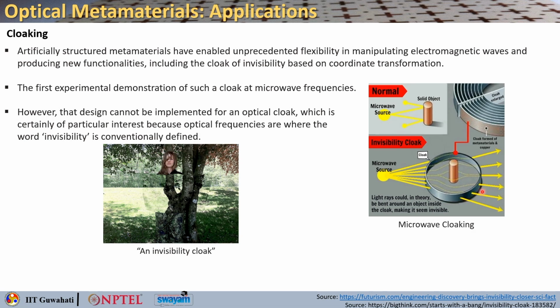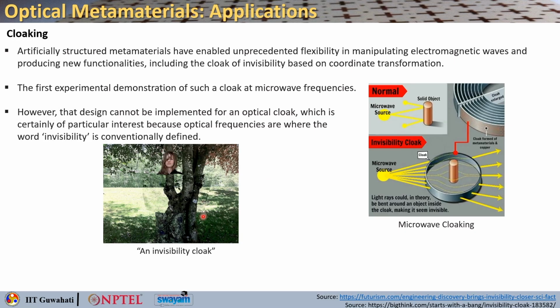That means the object you are putting within the cloak is basically becoming invisible. Now, the same design cannot be implemented for an optical cloak. However, optical cloaking and true invisibility cloaking is very exciting, and people have been trying this for many decades.